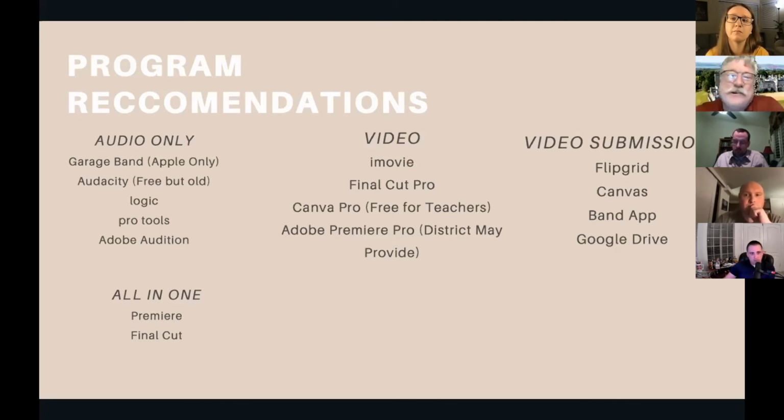But then I use that audio and throw it into, so I have a two-step process. I do all the audio there. And then I've already had Adobe Premiere Pro, so that's what I'm using, although I had no idea how to use it until this year.